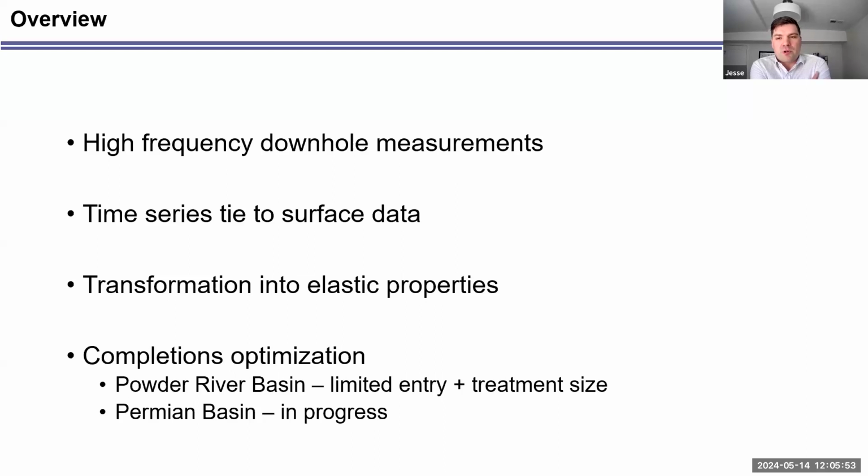And then we have a Permian Basin project that was more of a science well. So the exact optimization strategy is still somewhat up in the air on that one, but there are some interesting correlations and some good information on what's happening in the Permian based on both the downhole geomechanics and some other supporting diagnostics.